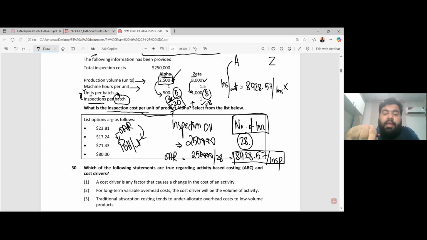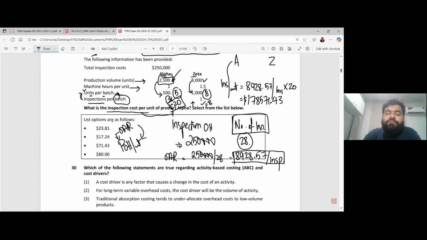The total number is 20 because it was inspection per batch. We need the total number of inspections, so we multiply by 20, and it will be 178,571.43.